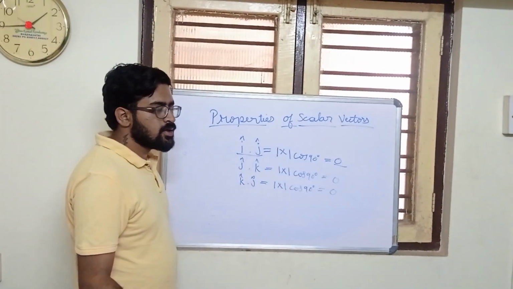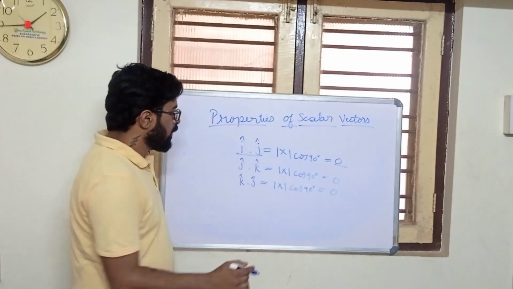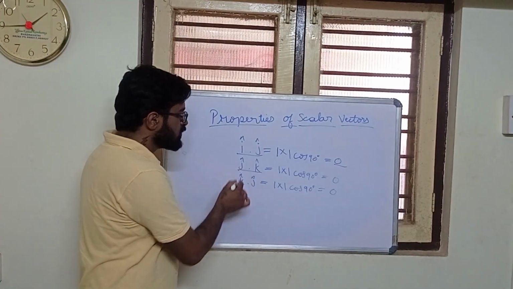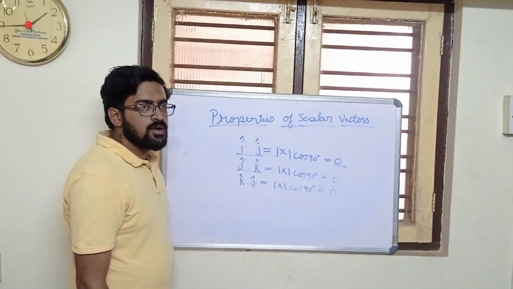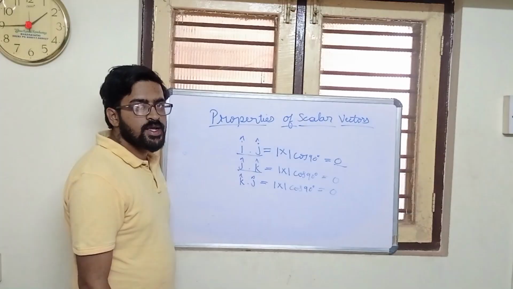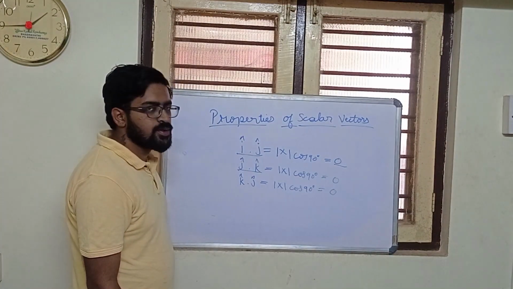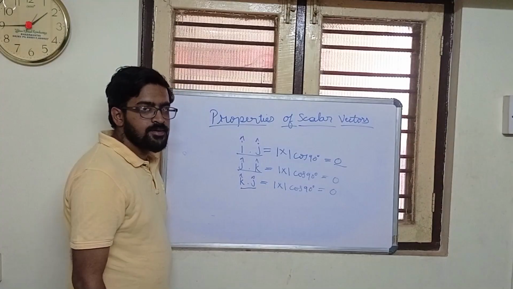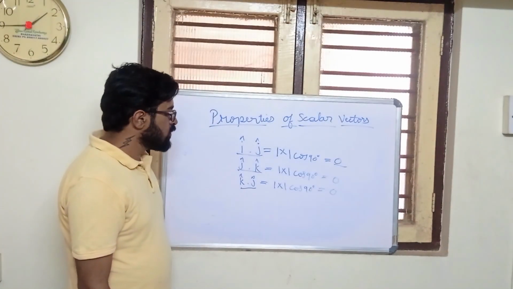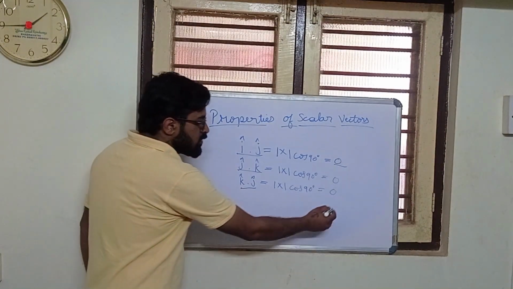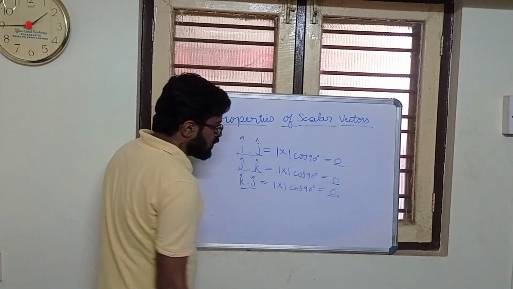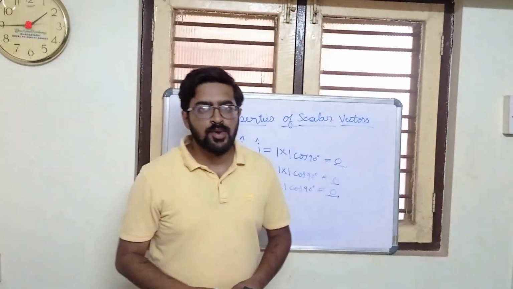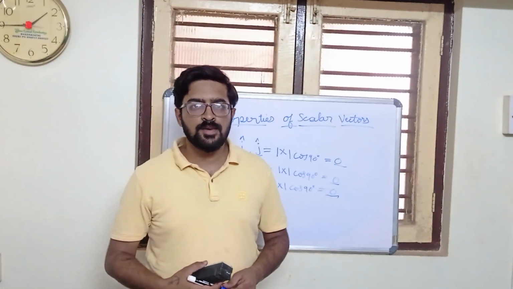We also need to remember the dot product of j with vector k will be 0, and the dot product of vector k with vector j will be 0. So these are the properties of scalar product.